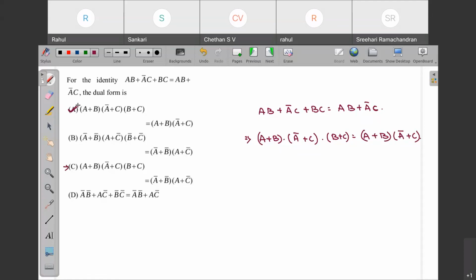So if you just go by checking the left hand side and mark option C, then that answer will be wrong. So always scrutinize the options very carefully and then mark your answer. In HAL or any PSU exam, the options are very confusing.